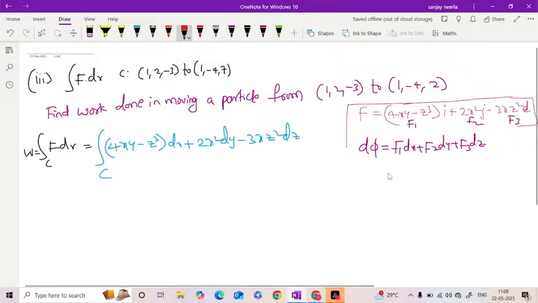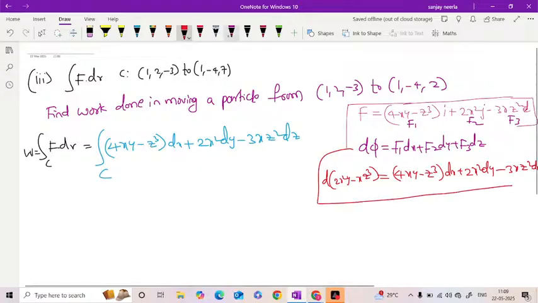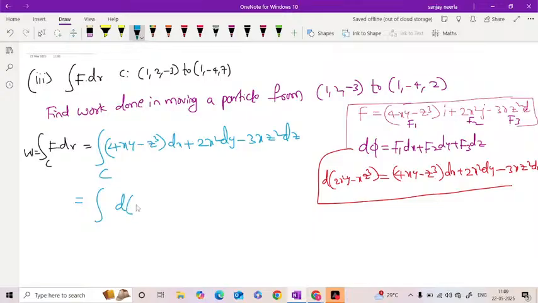Already we know that this differential expression, (4xy minus z cube) dx plus 2x square dy minus 3xz square dz, is the derivative of 2x square y minus xz cube. That means the conclusion is there is no need to integrate. This total expression is directly the derivative of 2x square y minus xz cube.